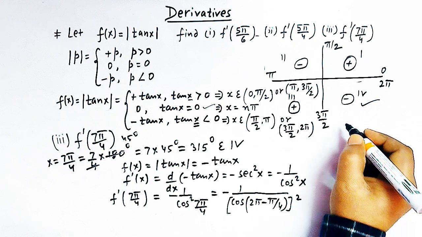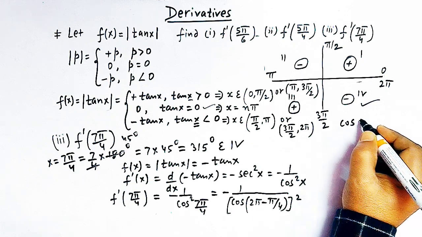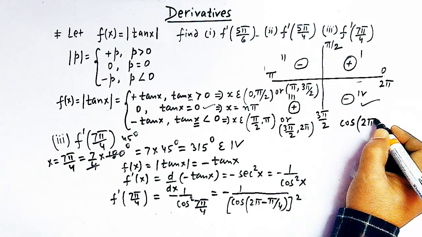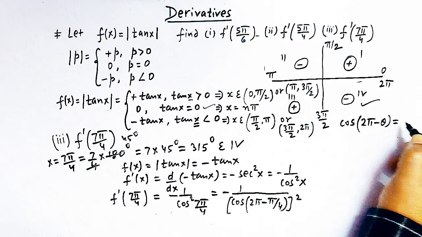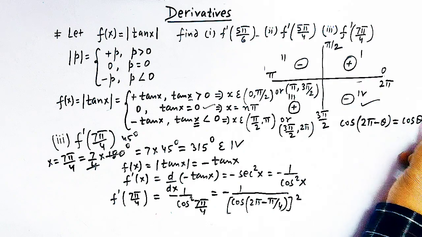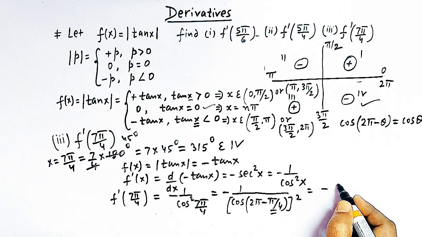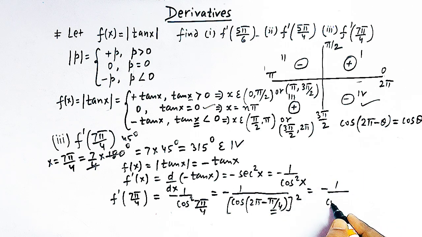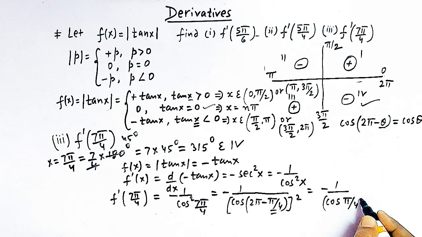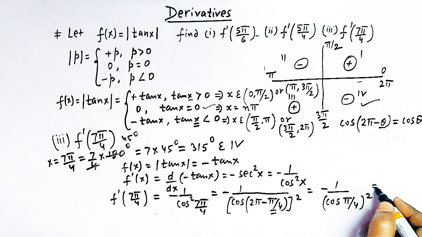So again from trigonometry we can now write cosine 2 pi minus theta is equal to cosine theta, and here the value of theta is pi over 4. So we have minus 1 over cosine pi over 4, because we have 2 pi minus theta. Theta is pi over 4, and here we have the square, right?